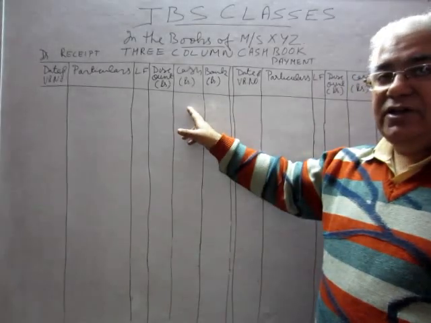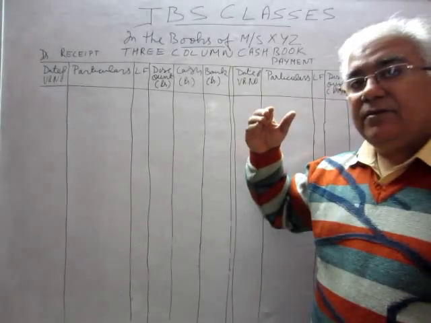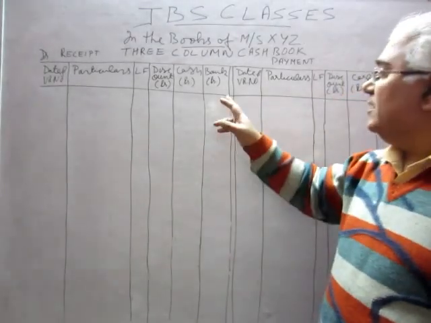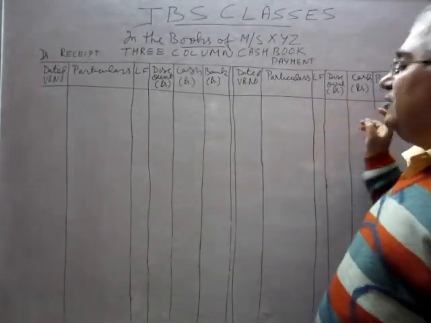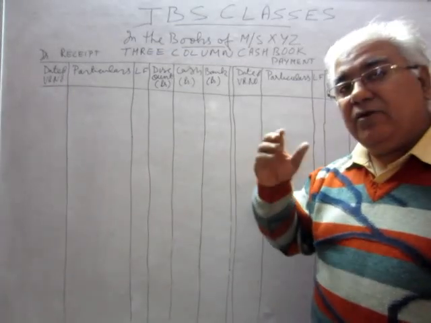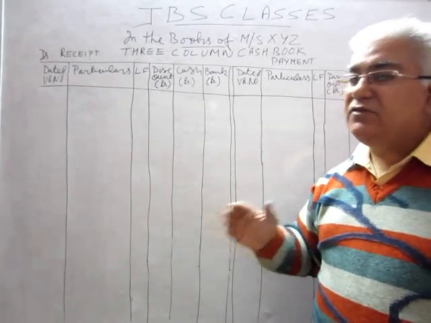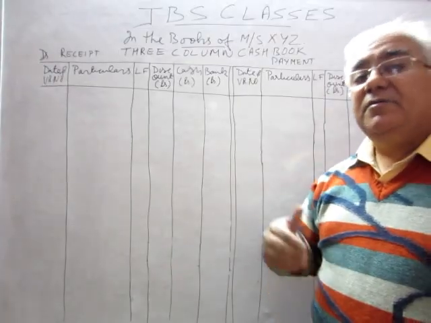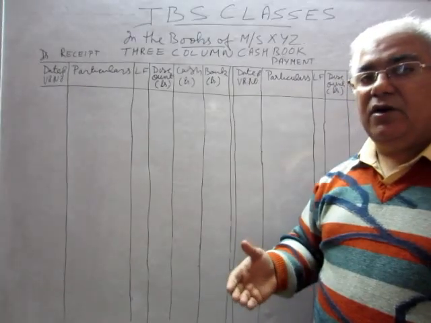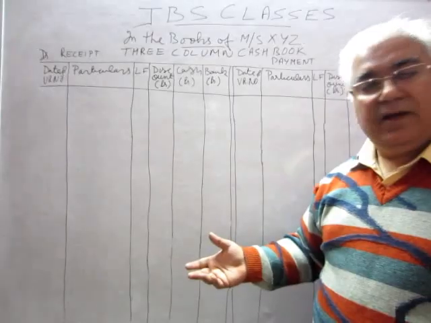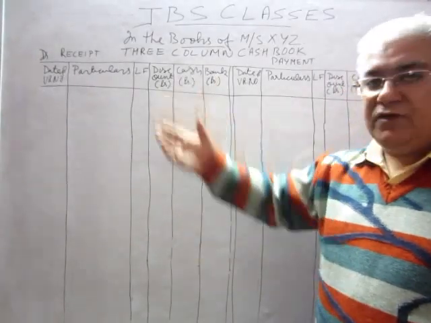The balance in the cash column will show the balance in the cash account. Similarly, the balance in the bank column will show the amount in the bank account. Hence, this works as a ledger also. That's why we sometimes call this a principal book as well as a book of original entry. Right? Let us see how it works.